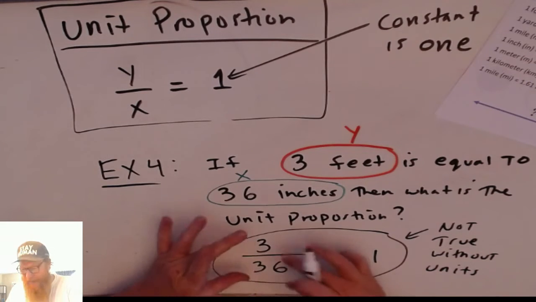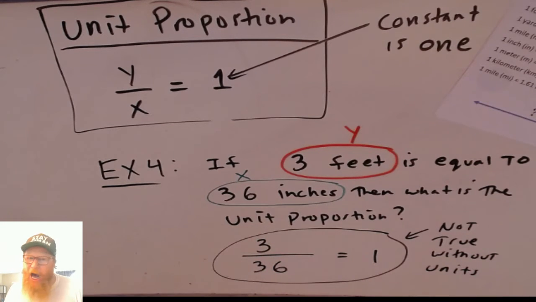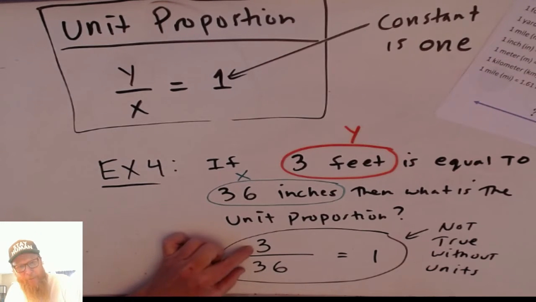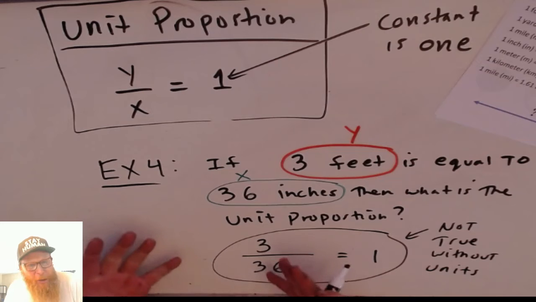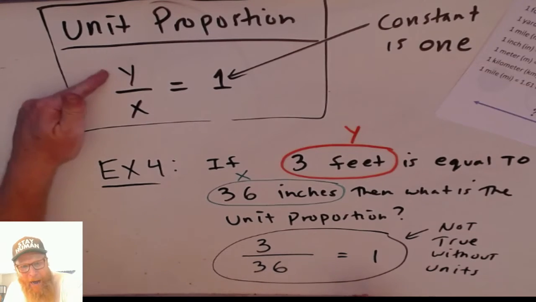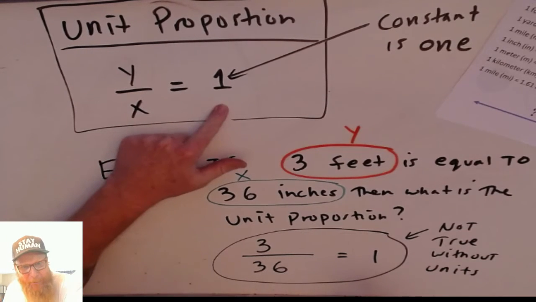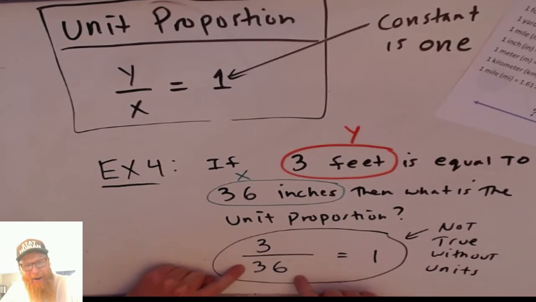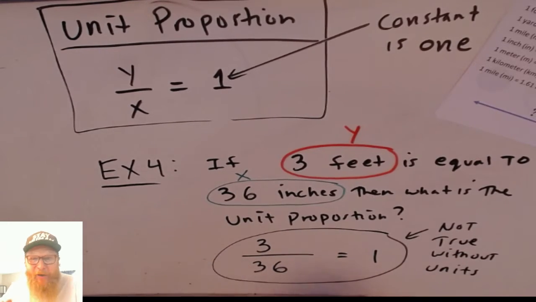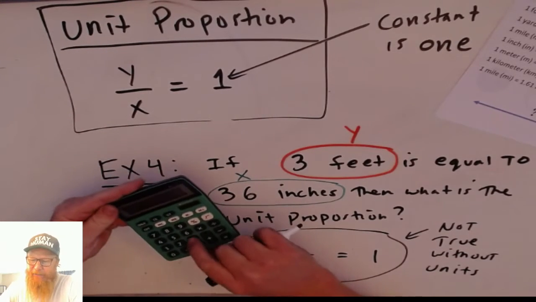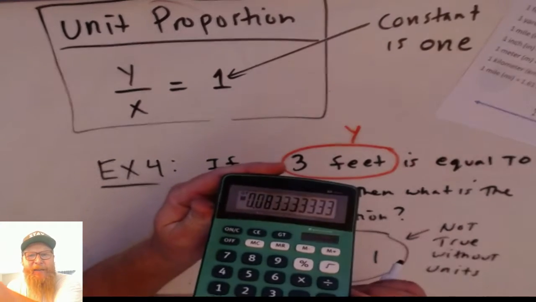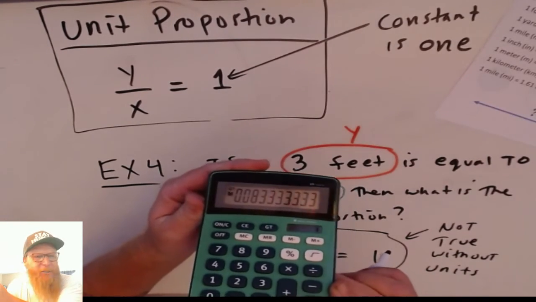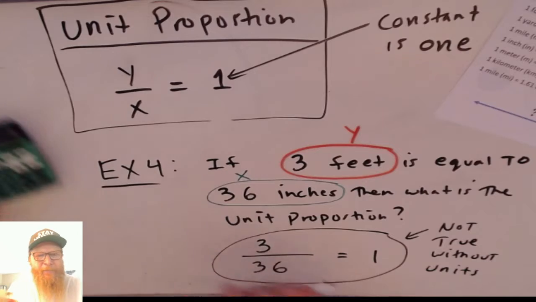Without the units, this proportion is not a unit proportion. Because to be a unit proportion, this has to be true: y divided by x must be equal to 1. But down here, 3 divided by 36, I don't even have to do this, but you can clearly see that if you go 3 divided by 36, you definitely do not get 1.